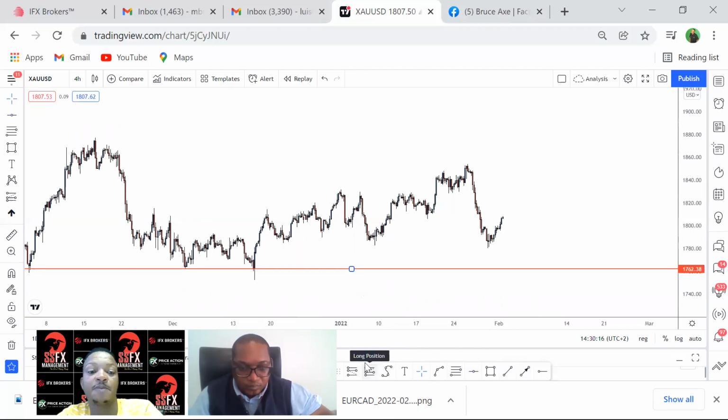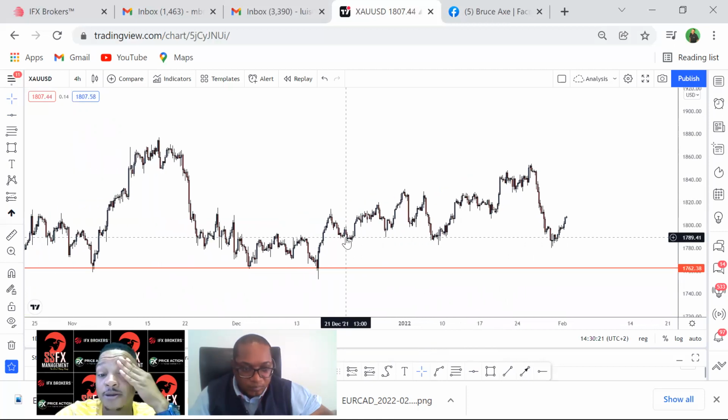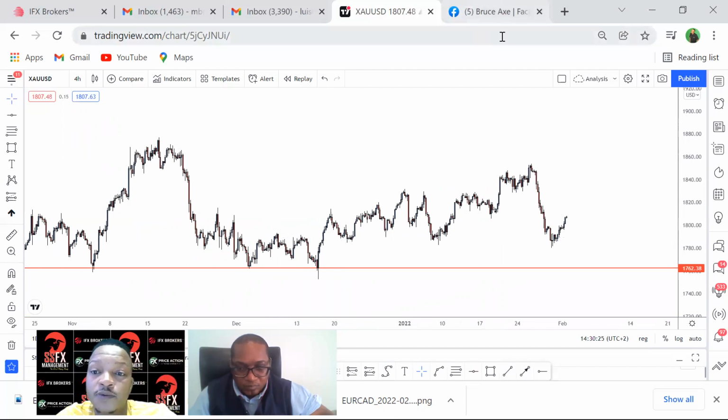This is my demand zone, right? Based on the touches. Look at it, it bounced there, it bounced there. You can't take this peak here alone.